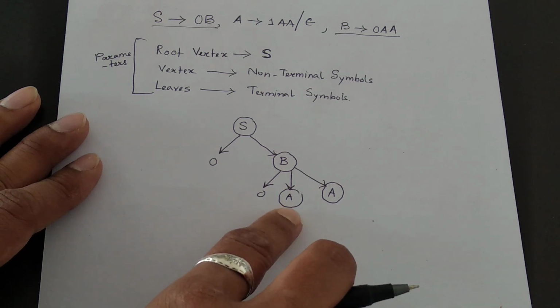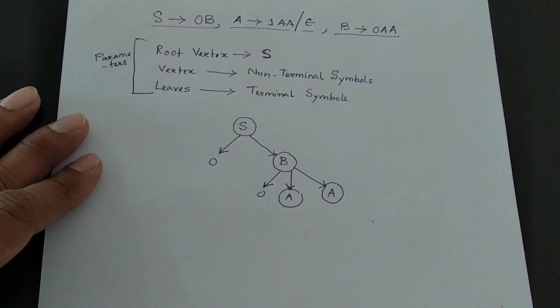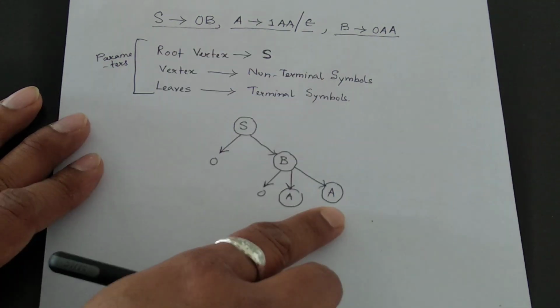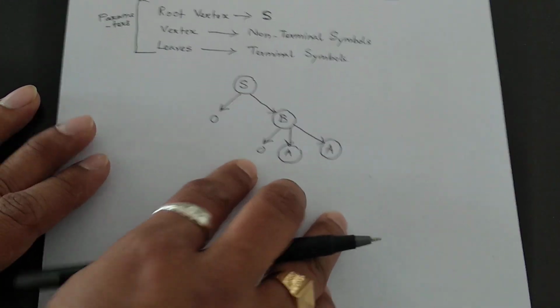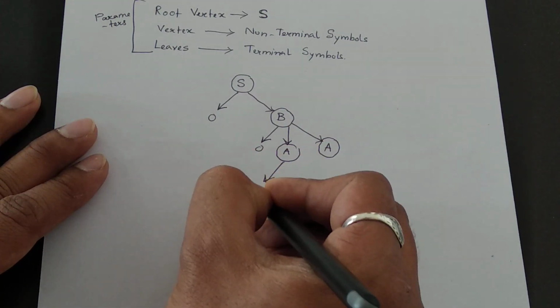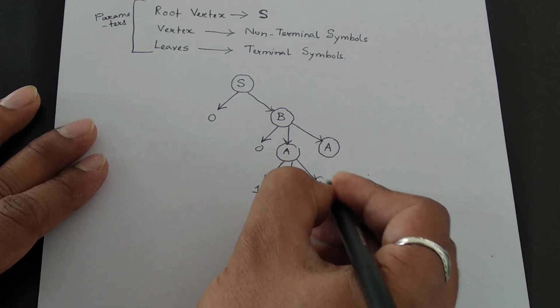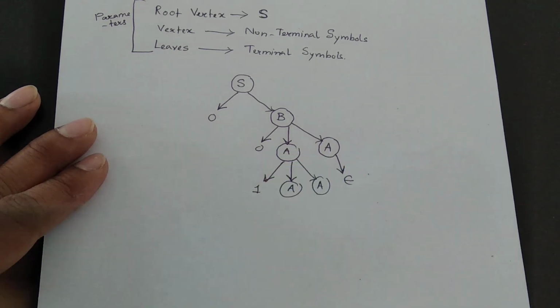Now again, I have to replace these A's, either with 1AA or epsilon. For the first A, I will use this production, and for the second A, I will use epsilon. Clear? For the first A, I will replace it by 1AA, and for the second A I will replace it by epsilon.